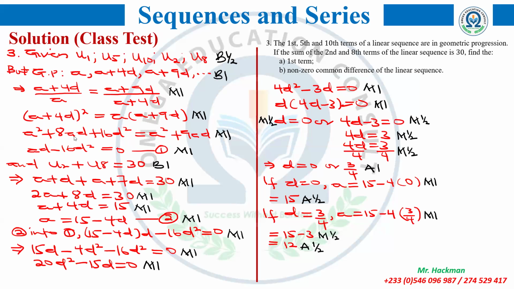Then I'll get 8AD minus 9AD, which gives minus AD. Then 16D squared will also move to the side, and that will give you minus 16D squared, which is equal to 0. So that becomes your equation 1.